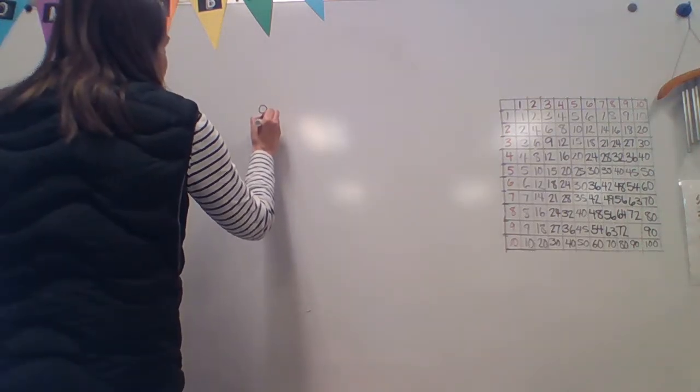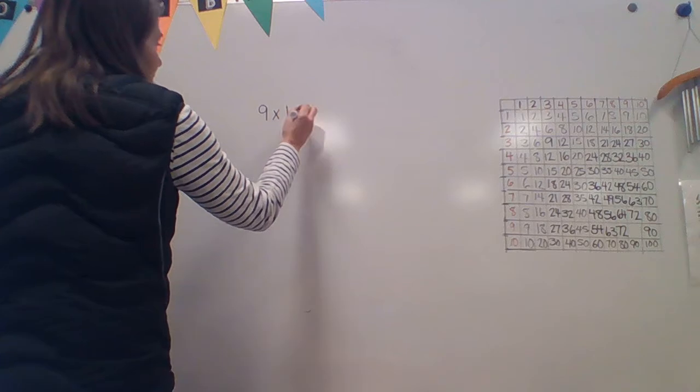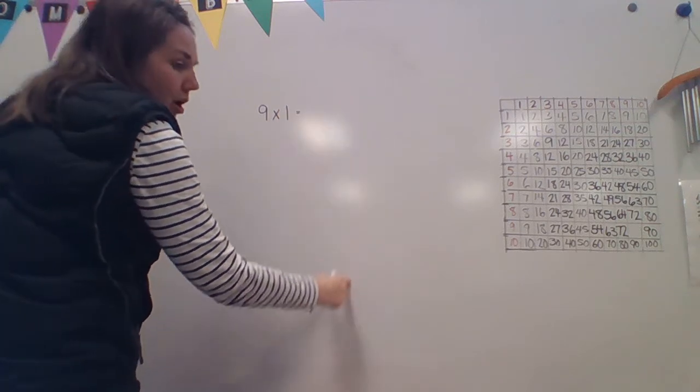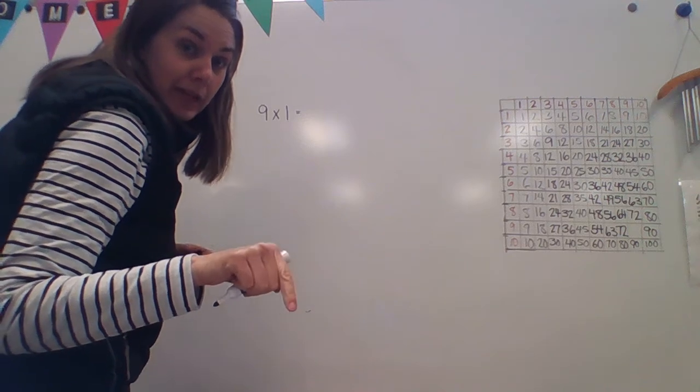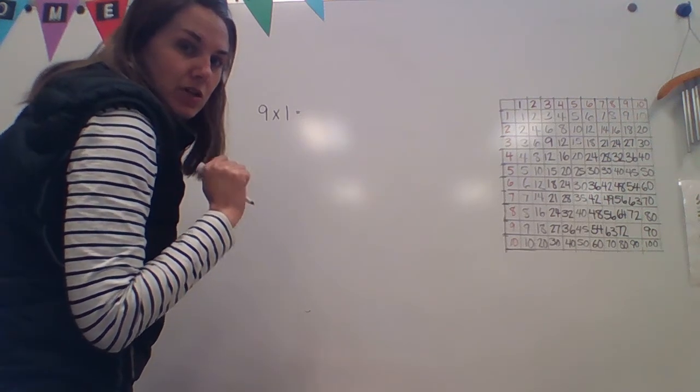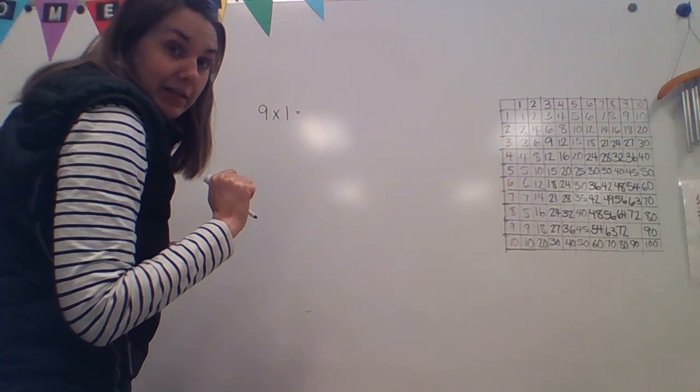I'm going to start with 9 times 1. And I'm going to create a column of the answers right down here. And I want you to look carefully as I write them to see if you start noticing any patterns in the answers.